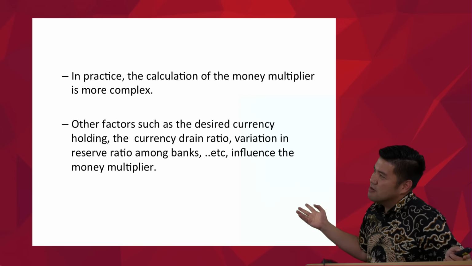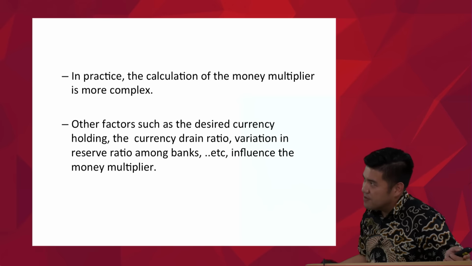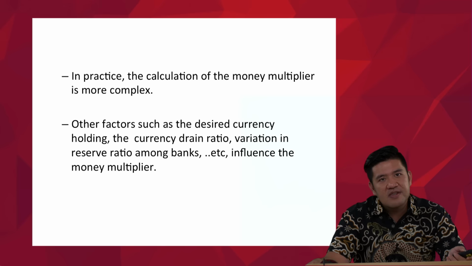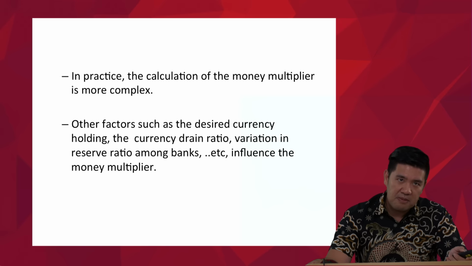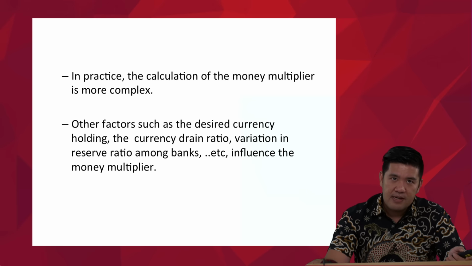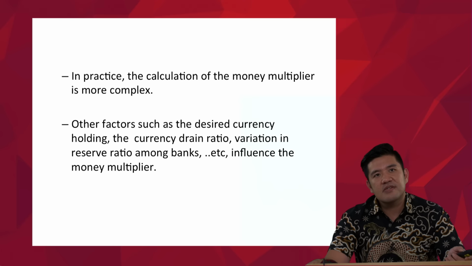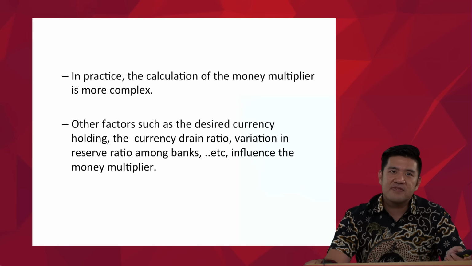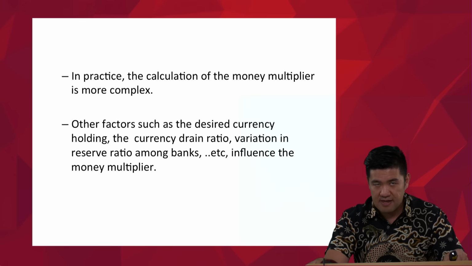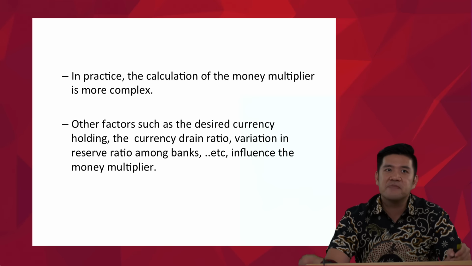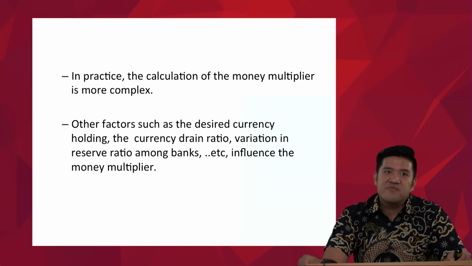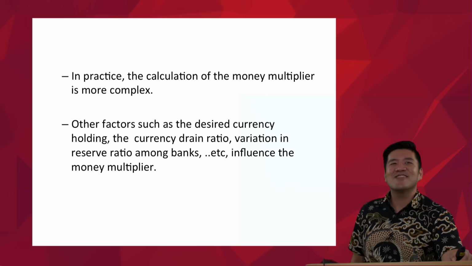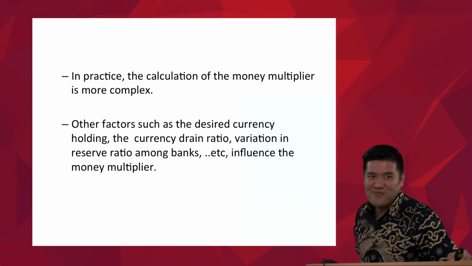Across all the commercial banks, but of course, there could be variation in the reserve ratio among banks. All these factors will influence the money multiplier, okay? So that's why in practice, the calculation of money multiplier is more complex. But in this introductory course in economics, let's start with the simple multiplier. I hope you can appreciate that, and I hope you found that quite interesting.